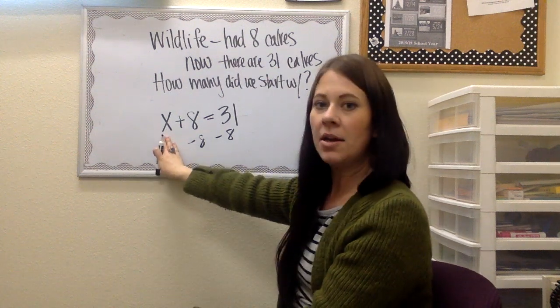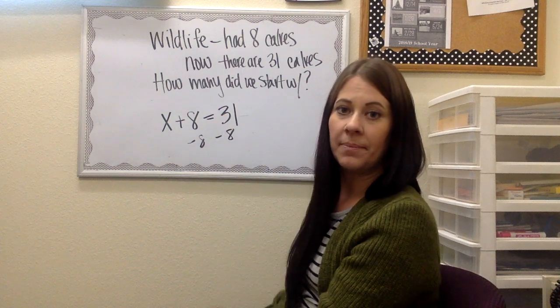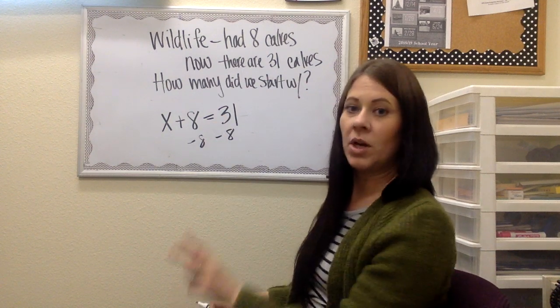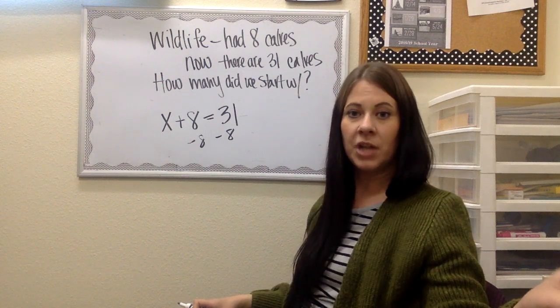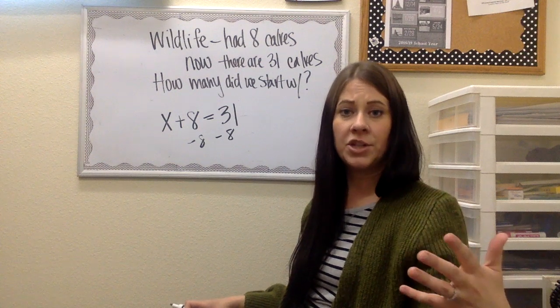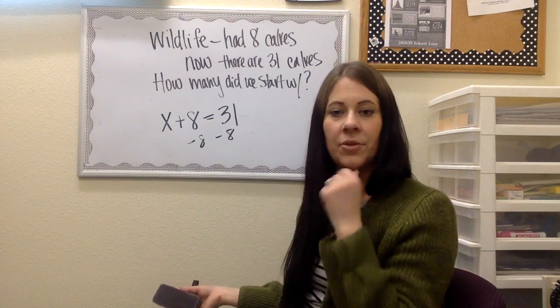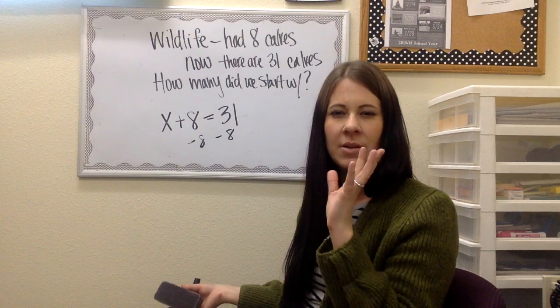We started with an unknown amount, X. We added 8 calves, now we have 31. Okay, so that's what I want to see you do. I don't want 2 numbers on the same side of the equation. I want a variable and a number so that you're really writing an equation that would be hard to solve, not just giving them the answer, 31 minus 8. Okay, so hopefully that makes sense.